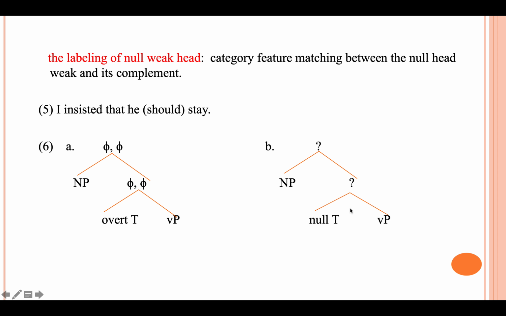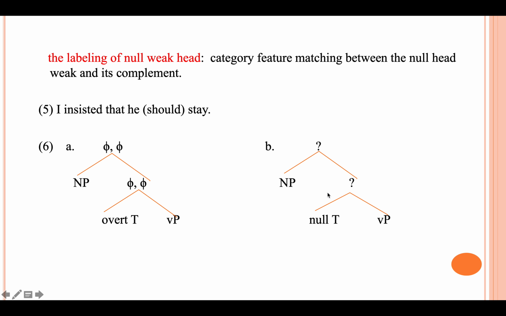I think if we look at this picture, we can get the answer, because there is also a phrase in this complement position, and between the null head and its complement, there is a relationship. The relationship is category feature matching. We know that almost all heads can be null. And what is interesting is that almost all heads must have category feature matching between the heads and their complement.